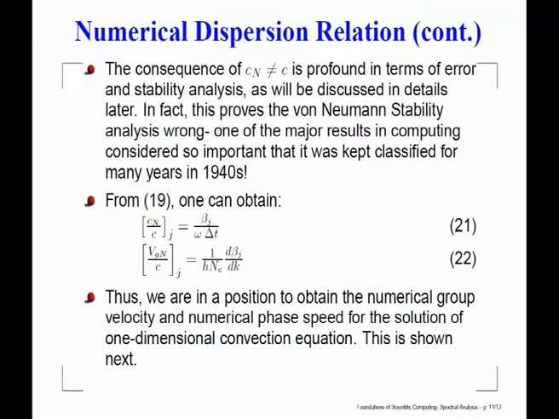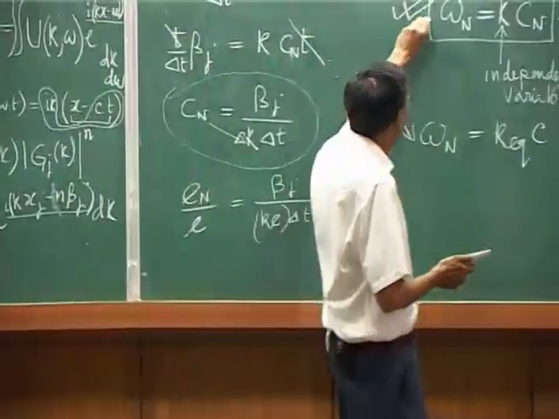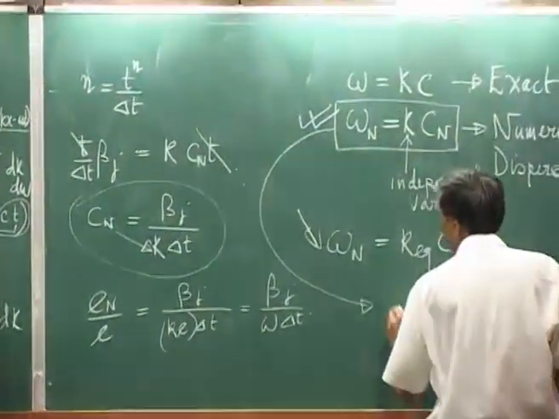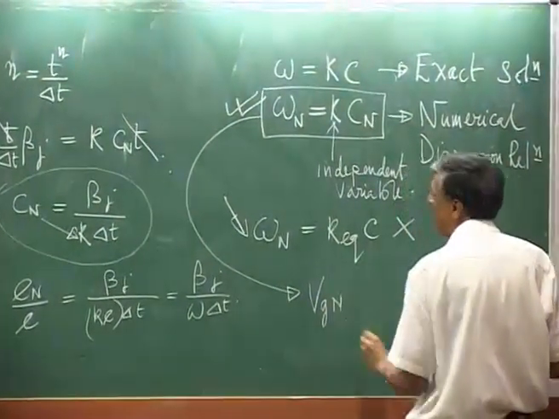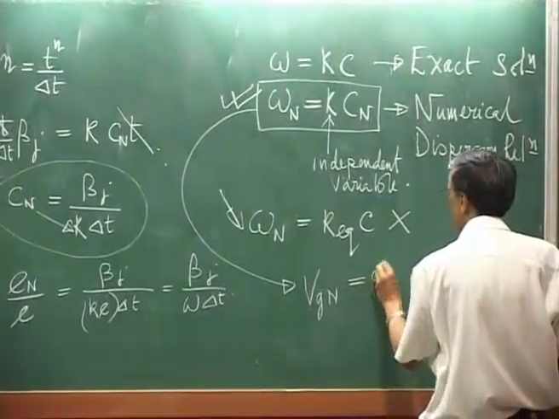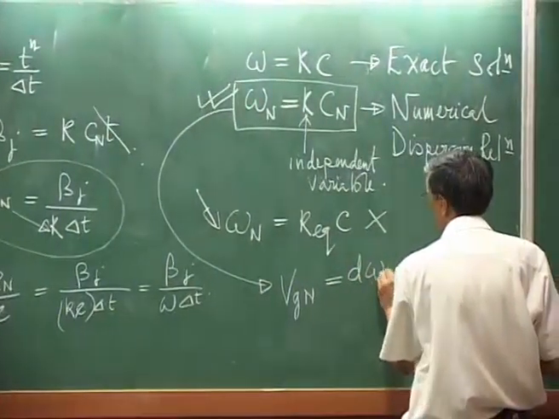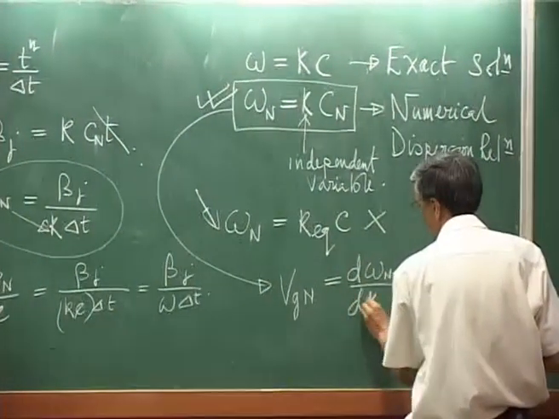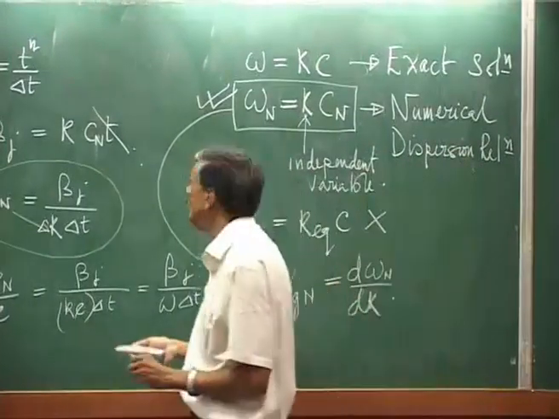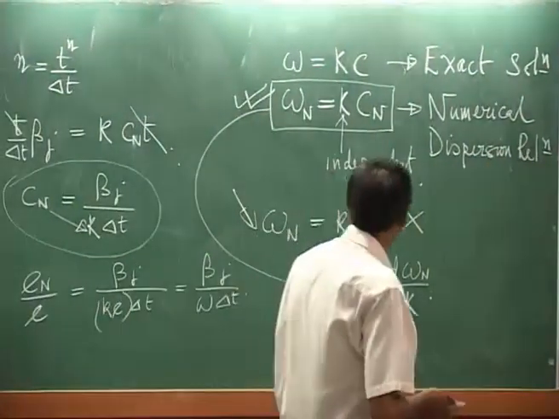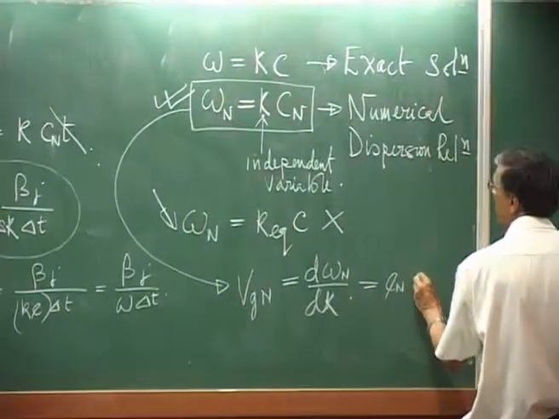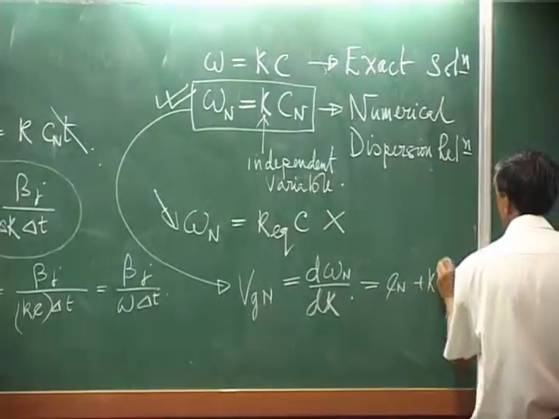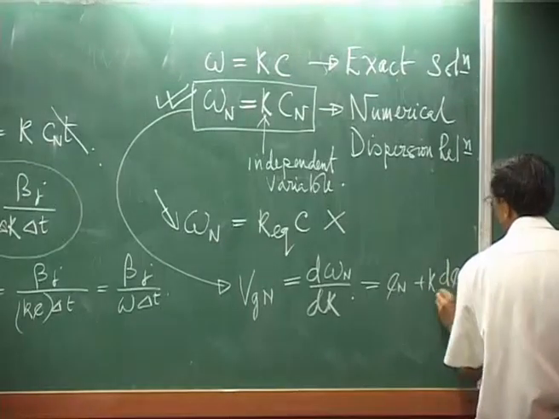And of course, having given you this expression, you can immediately calculate the numerical group velocity, which I will call V g n, which will be nothing but d omega n by dk. If I plug that in, I will get this equal to C n plus k dC n by dk.